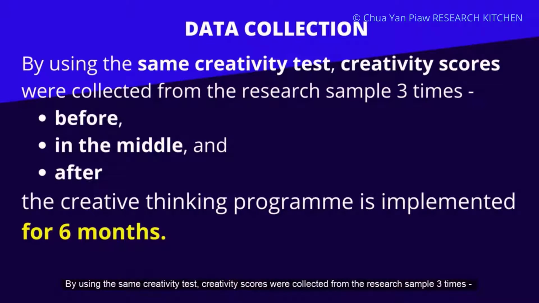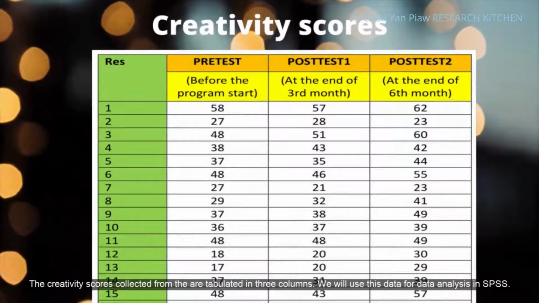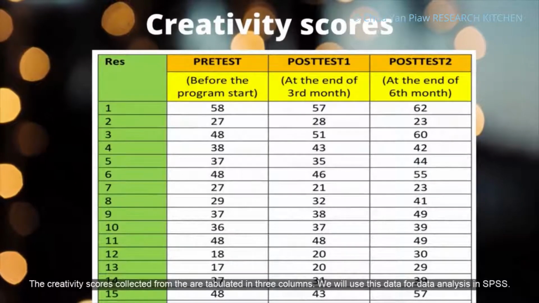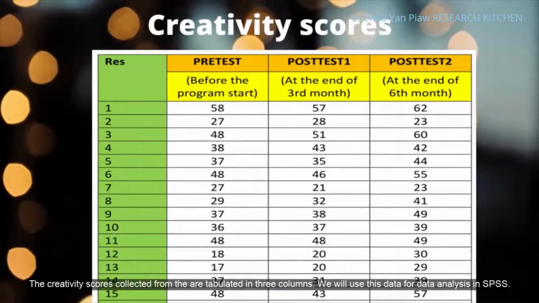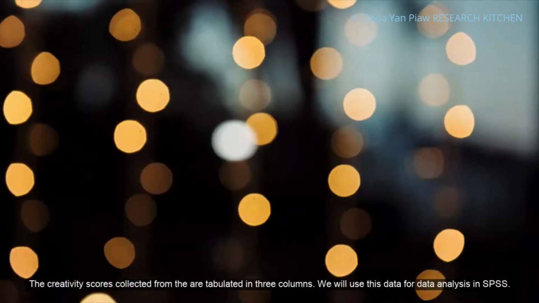By using the same creativity test, creativity scores were collected from the research sample 3 times, before, in the middle, and after the creative thinking program is implemented for a duration of 6 months. The creativity scores collected from the study are tabulated in 3 columns. We will use this data for data analysis in SPSS.